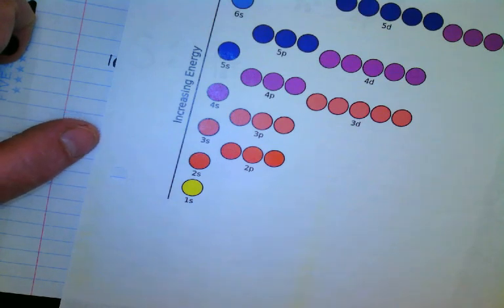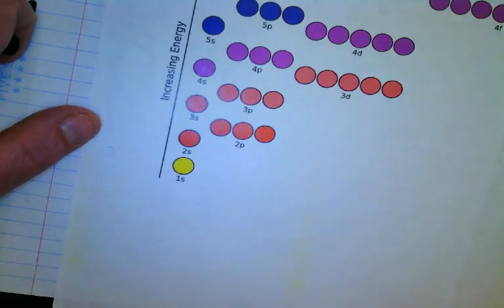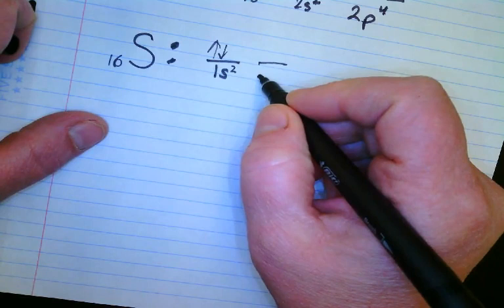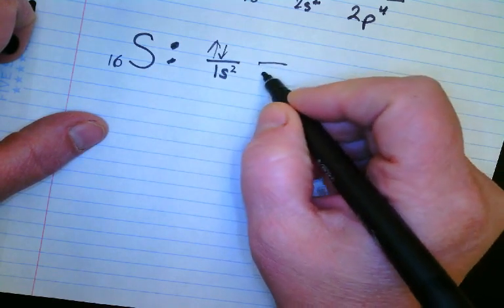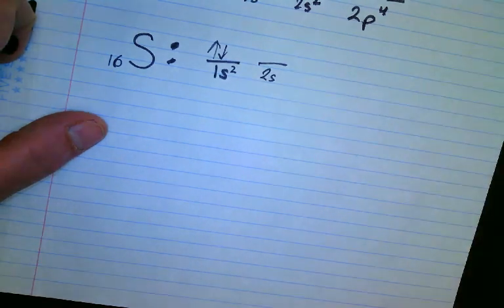How many lines are you going to draw? What are you going to put under the line? What's under the circle? On the line? Arrows. How many? How many arrows go on the line?